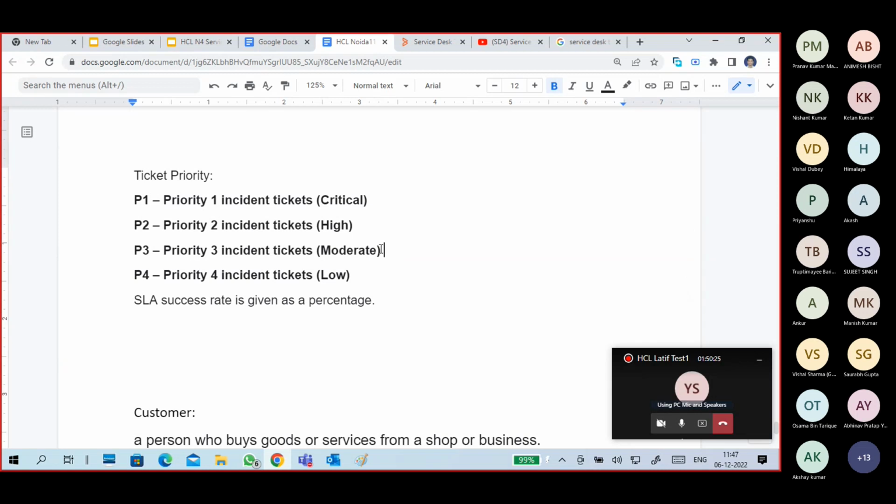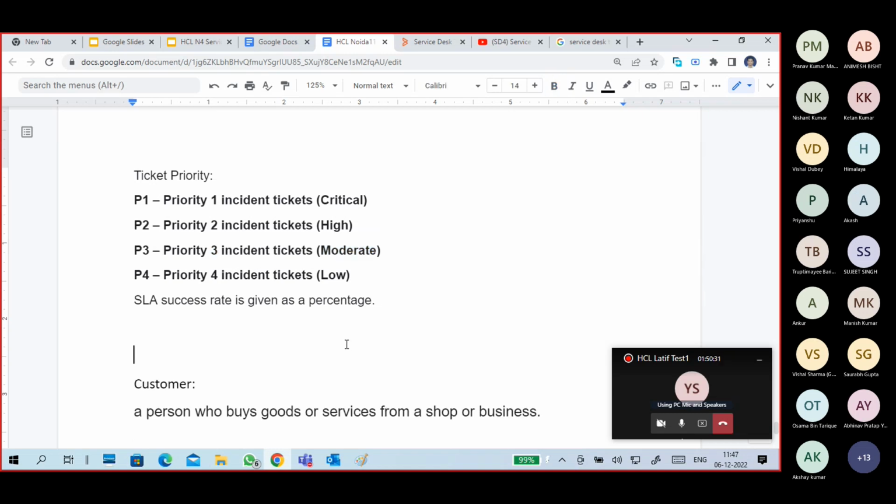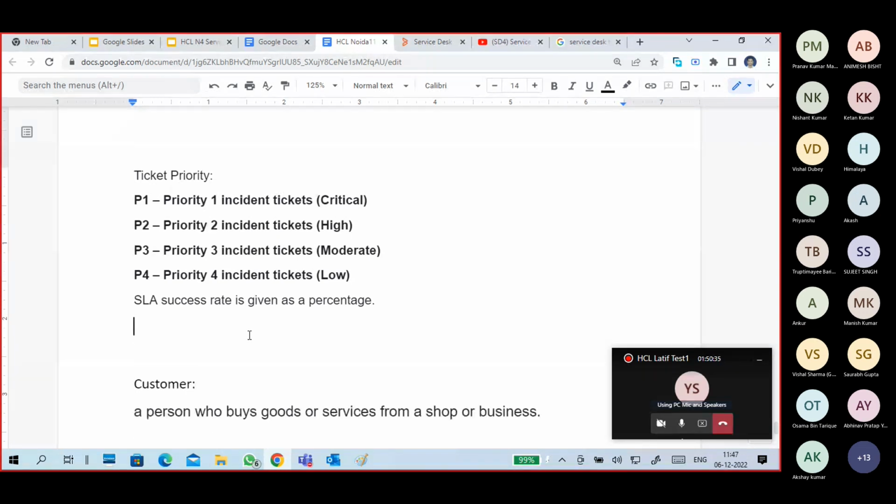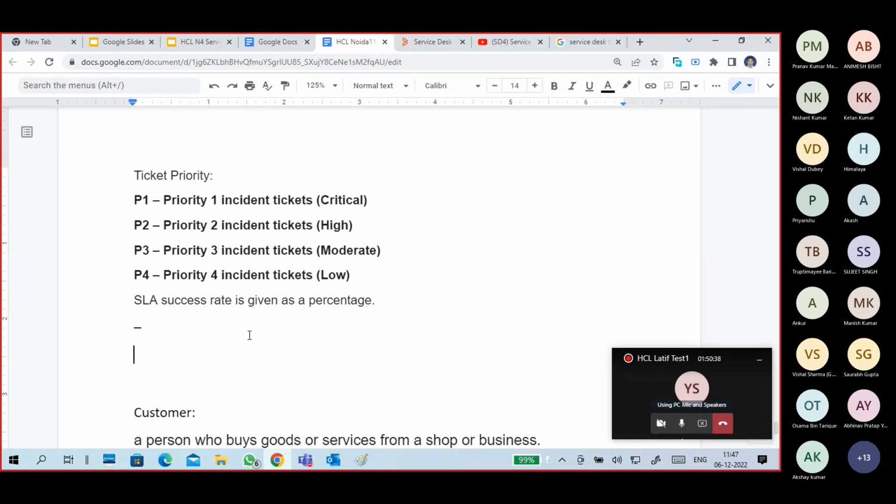But we still have to go and fix it. Even though the service is still available to the customer, we still have to give proper service to the customer.